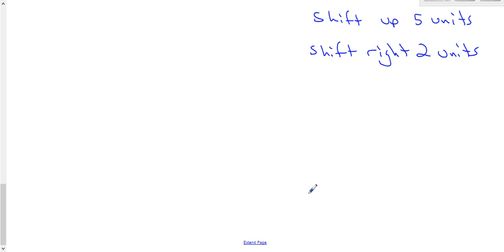All right. And if I look at negative f of 1/3 x plus 5, this negative on the outside would reflect vertically, so this reflects across the x-axis.